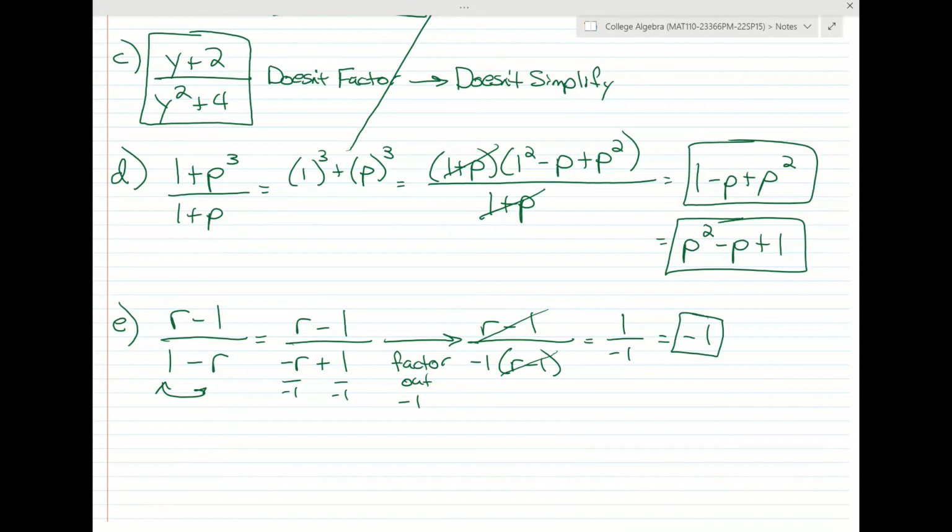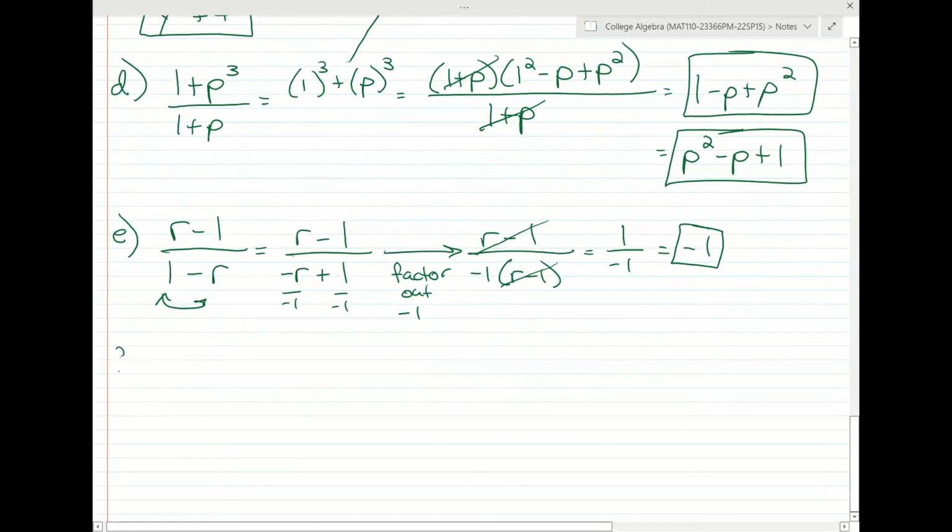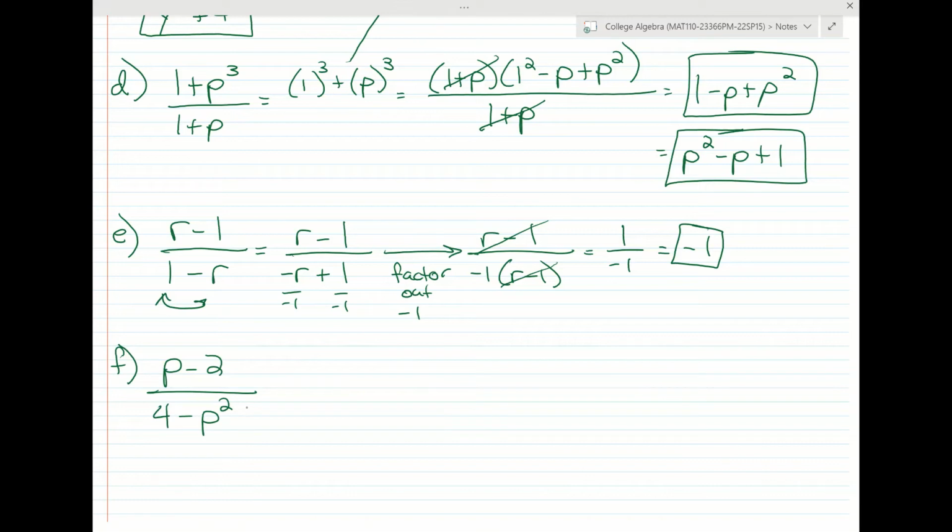If you're pretty close between factors, you factor out the negative 1 to make them exactly the same. I'll show you another example like that. What if we had p minus 2 over 4 minus p squared? Want to rearrange them, right, to get them in standard form.